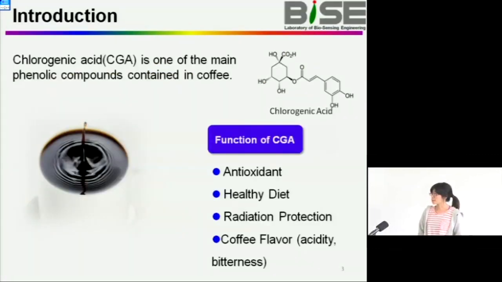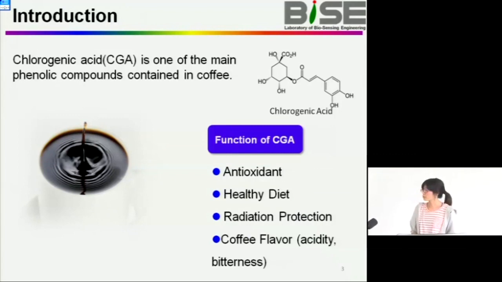As we all know, coffee is one of the most popular beverages all over the world. Chlorogenic acid is one of the main phenolic compounds contained in coffee. This is the molecular structure of chlorogenic acid. Chlorogenic acid has antioxidant properties.